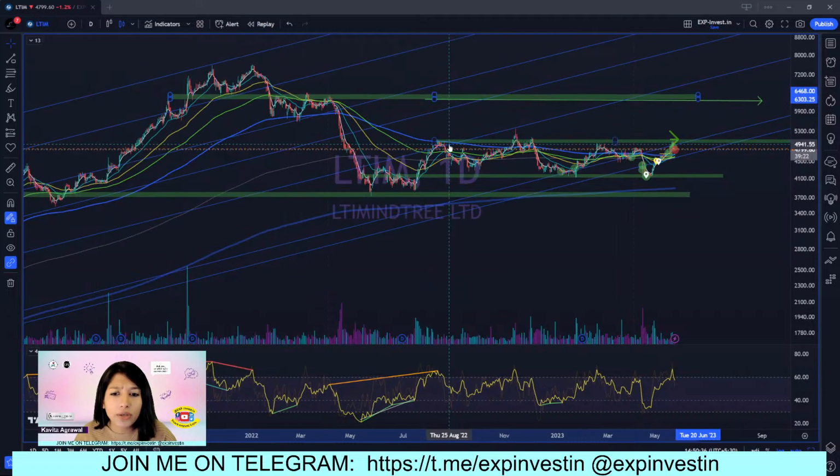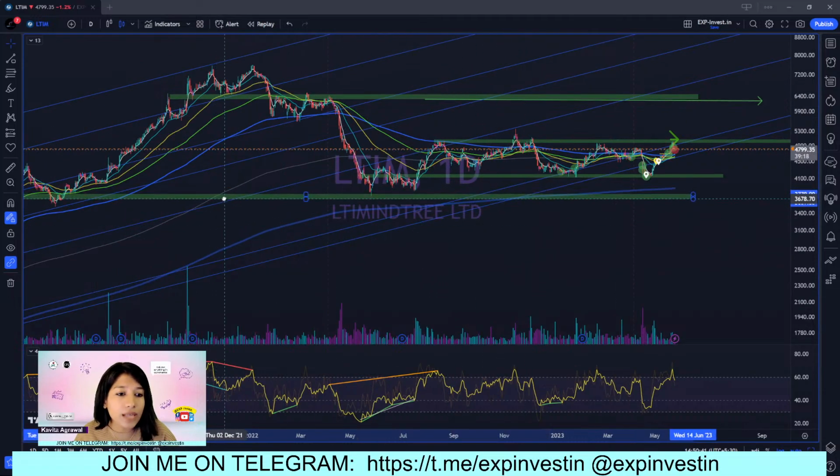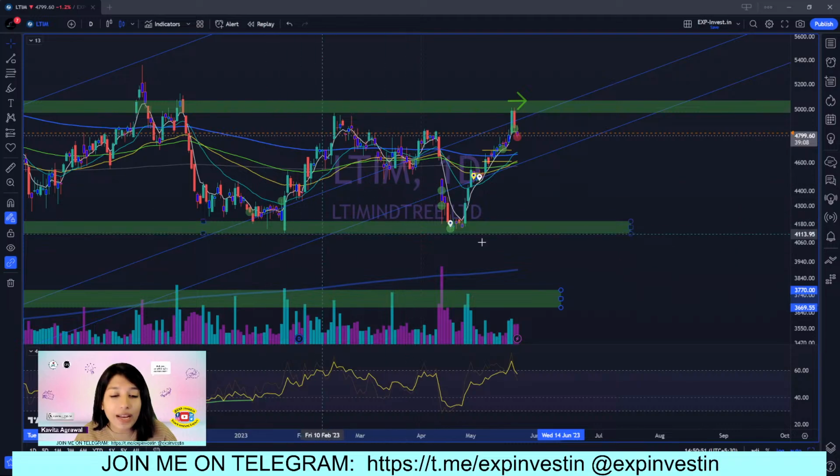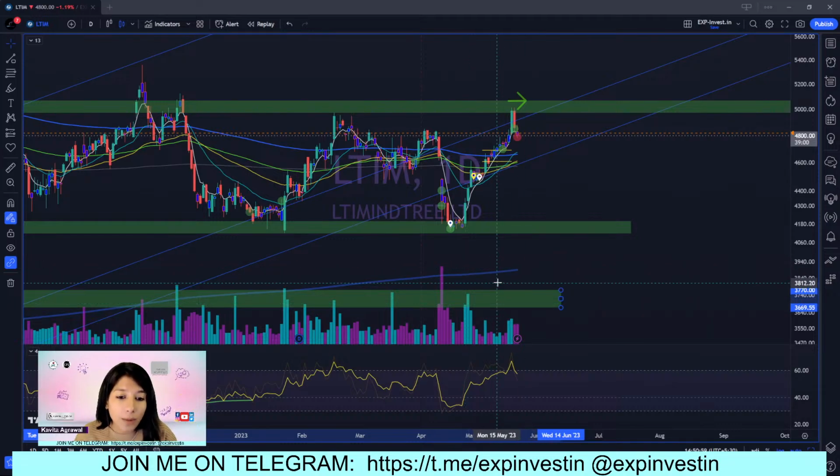So on this chart, you can see that I have marked various horizontal zones, for example near 3686, near 4170, and near 5000 rupees. When I draw these zones, in combination with the trend lines they give me a very good idea of where a potential reversal might come.